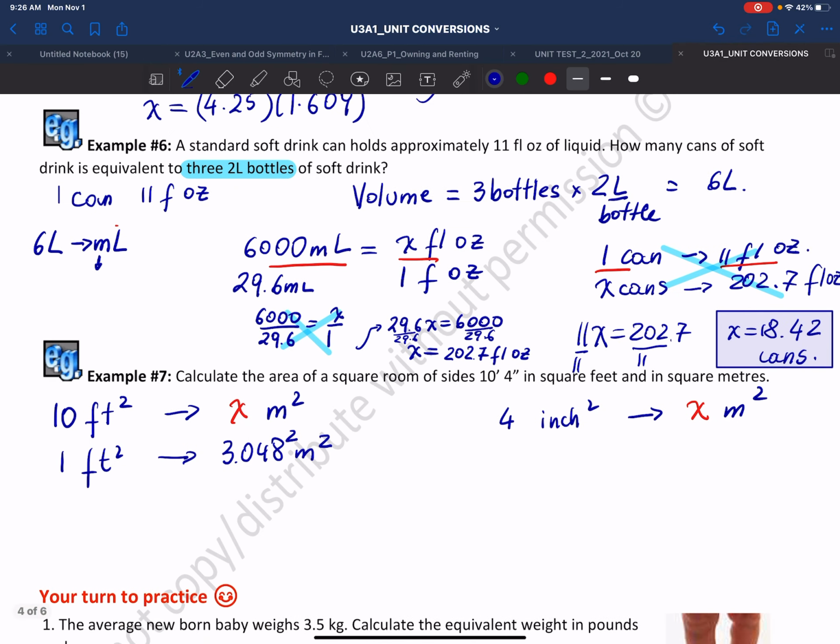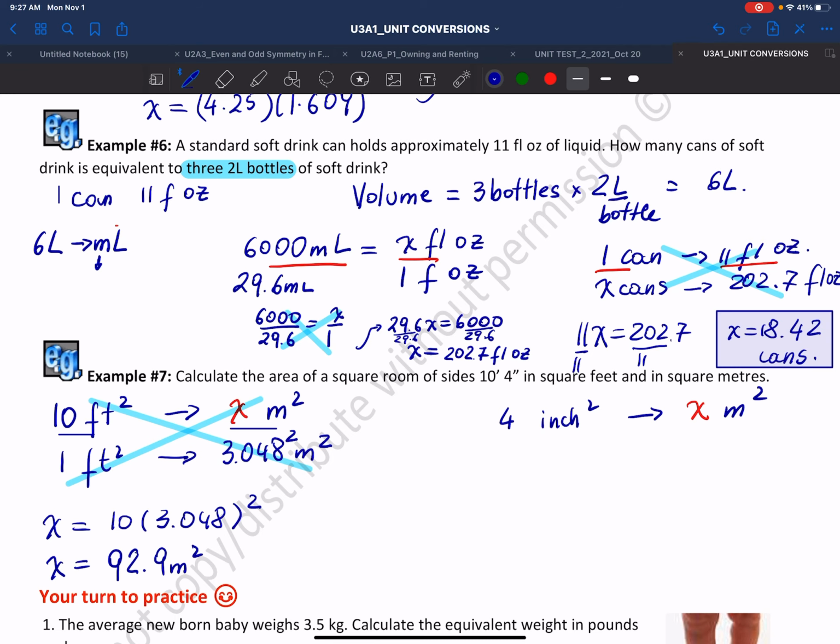And from here, we solve the equation for x. So cross multiply. We have x times 1 equals 10 times 0.3048 to the power of 2. Use the calculator. 10 times 0.3048 to the power of 2. 0.929. This will be 0.929 meters squared.